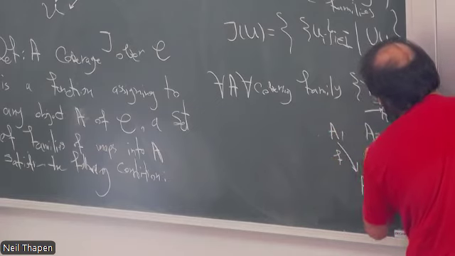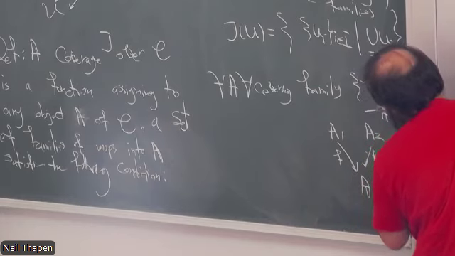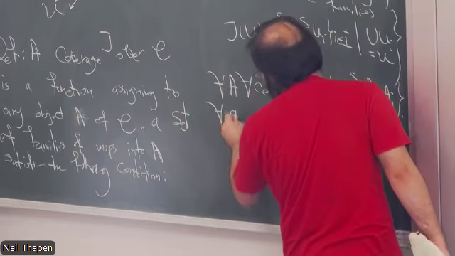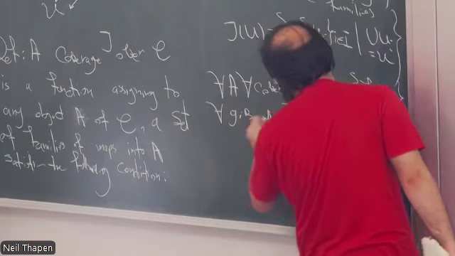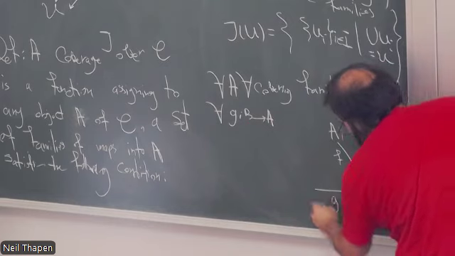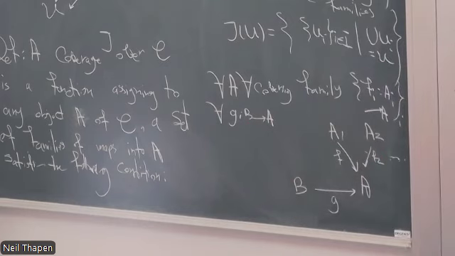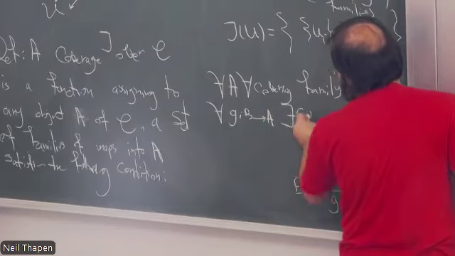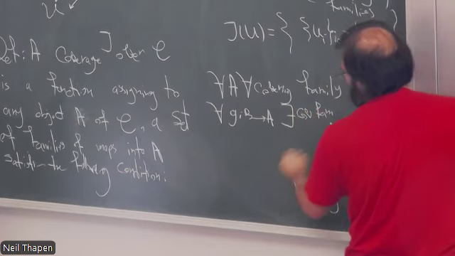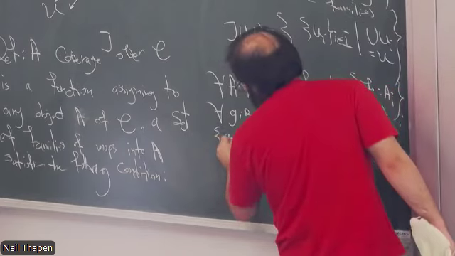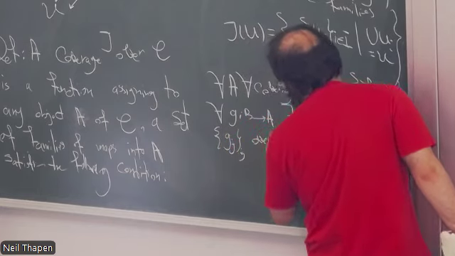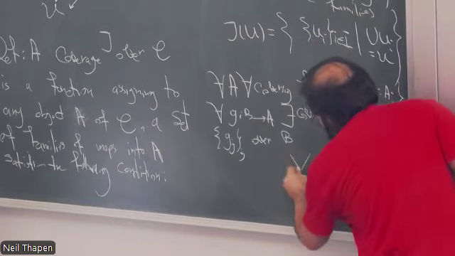Let's say A2, F2, etc. For any map G from B to A, this is my new version of B is less than A, right? A subset. For any B, there exists a covering family, say G_i, G_j, over B. So there is a covering here.